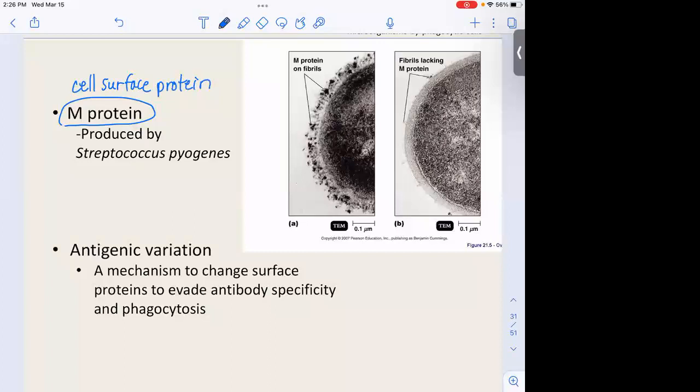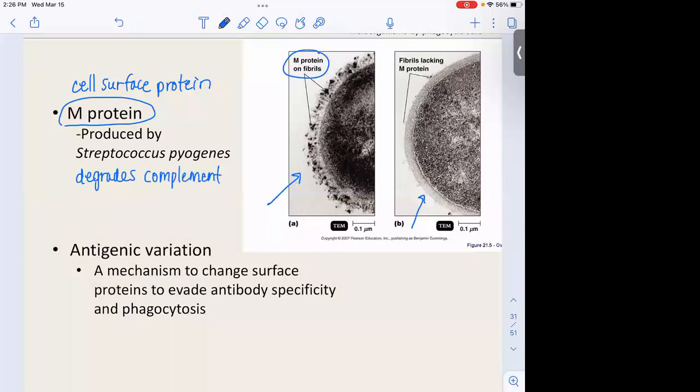And you can see here a strep pyogenes that has these M proteins, and here's a mutant that doesn't. So you can see them under electron microscope. For now, we could just call it an anti-phagocytic factor. It actually degrades complement.